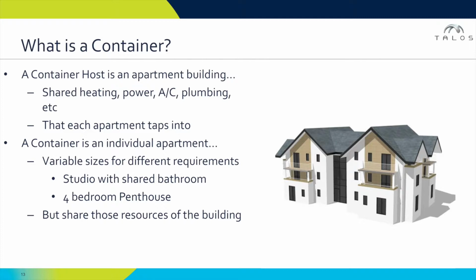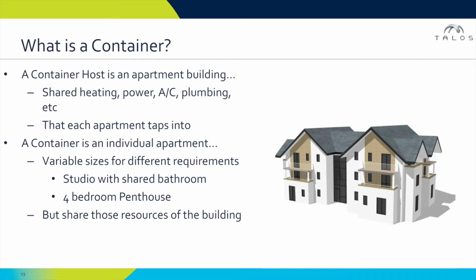Alternatively, a container is more like an individual apartment. You can have very, very small apartments. You can have a studio with a shared bathroom. It's literally just a sink next to a bed, and that's your apartment. Or you can get 4 or 5 bedroom penthouses that are very big. But all of those apartments share the resources of the building.